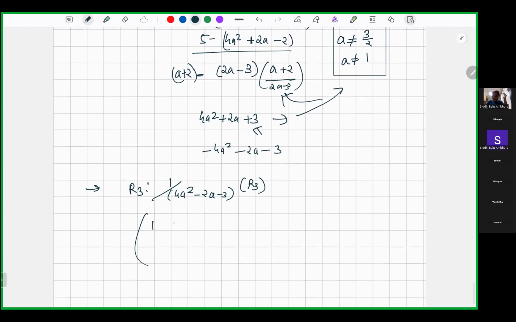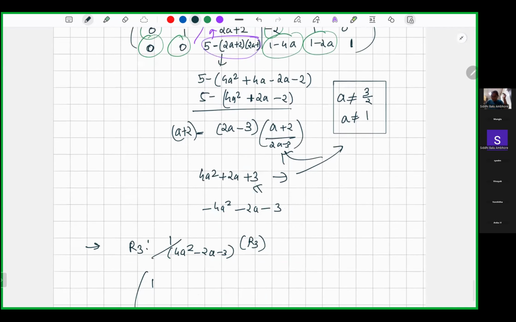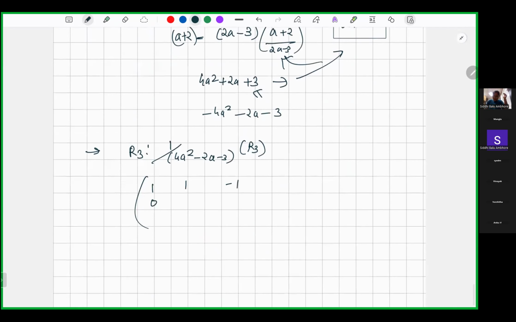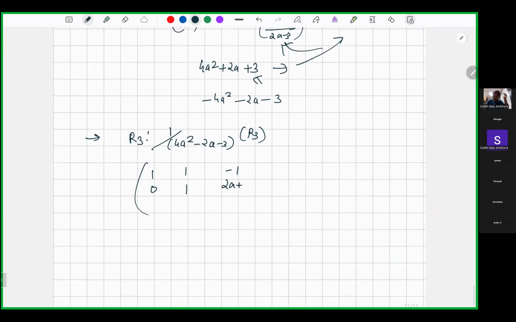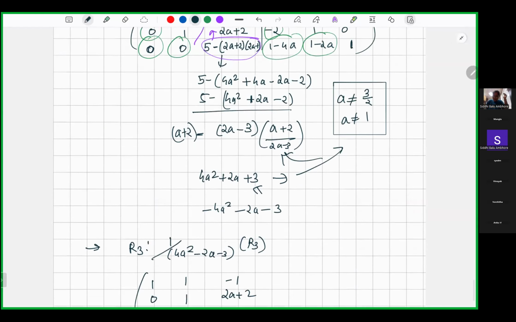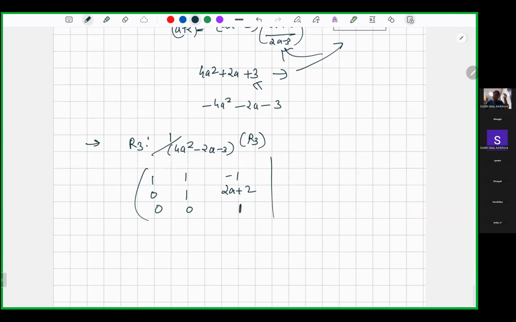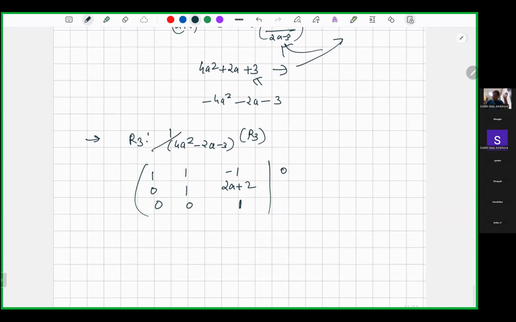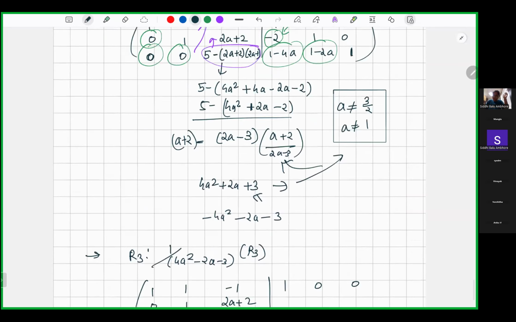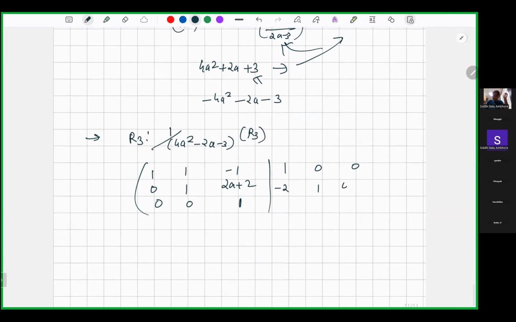Let me just write this here. 1, 1 minus 1, 0, 1, this 2a plus 2, 0, 0, and this will now become 1 after I subtract and after I divide by the given, and this was 0, 0, 1, this is minus 2, 1, 0, and this is 1 minus 4a divided by this 4a square minus 2a minus 3.